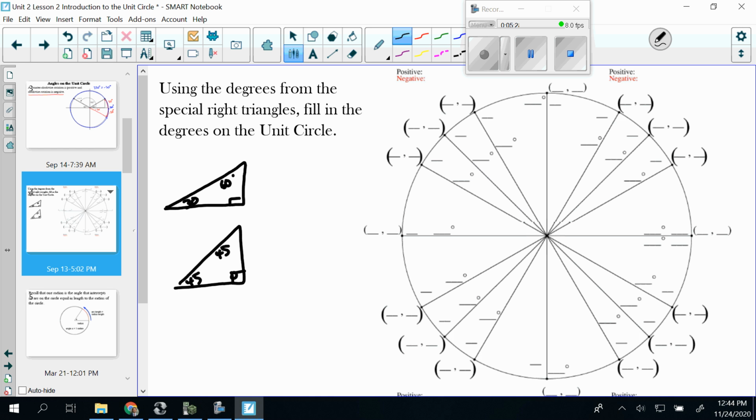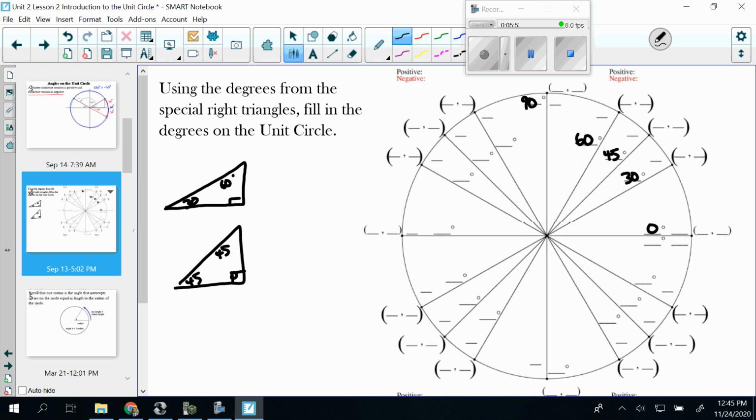So if we fill those in on here, remember we're starting with 0. The first major one we'd hit would be 30 degrees. Before we get to 60, we'd run into 45 degrees, then 60 degrees. When we hit a right angle, that's going to be 90 degrees.